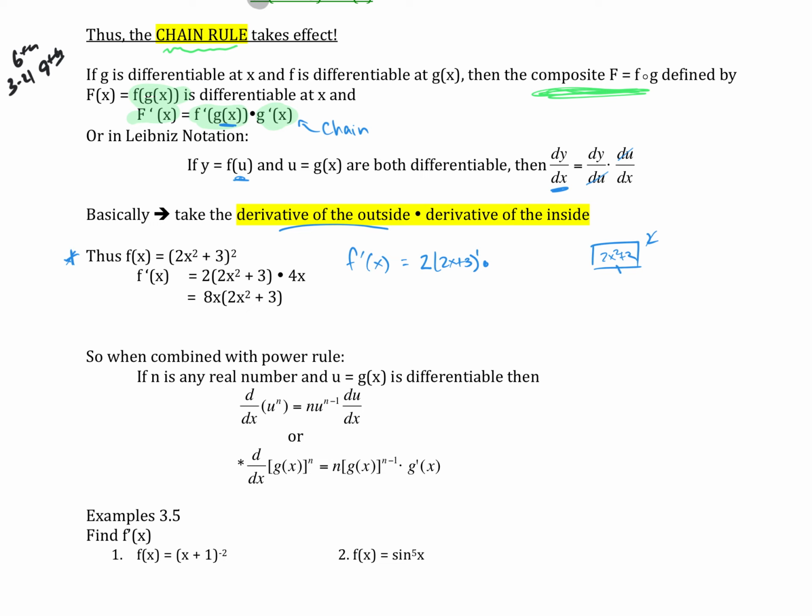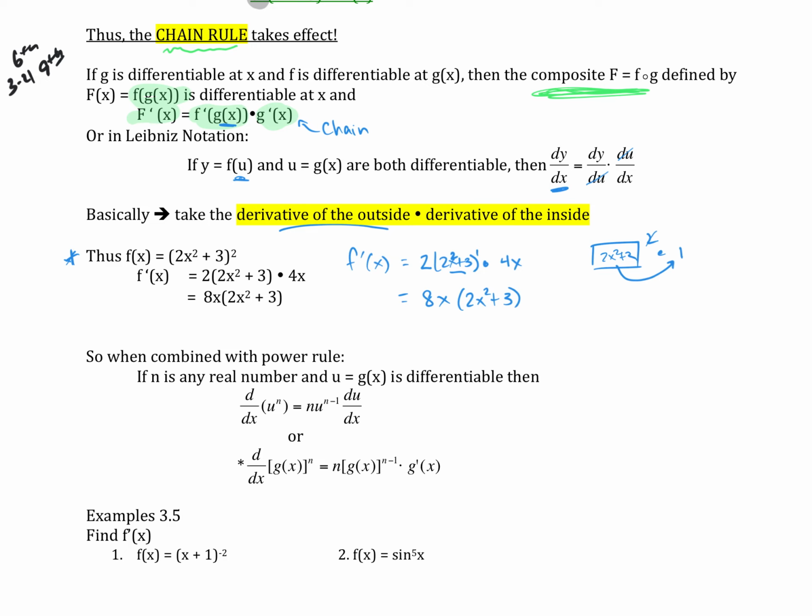And now I take the derivative of what's inside this box. What's inside this box is 2x squared plus 3, and I take this derivative, I get 4x. So then the final answer becomes 8x times the 2x squared plus 3. Okay, so this was 2x squared. I made a boo-boo and didn't write the 2 there.